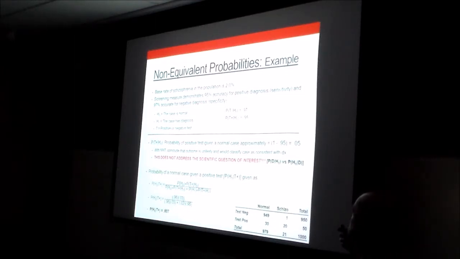Where are we calculating the sensitivity and specificity within this table? Where do we get this 95% probability for the probability of a positive test given a case of schizophrenia? Alex, can you tell me what row or column we calculated that from here?